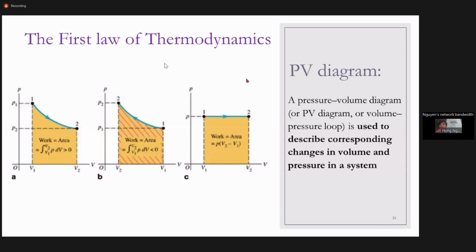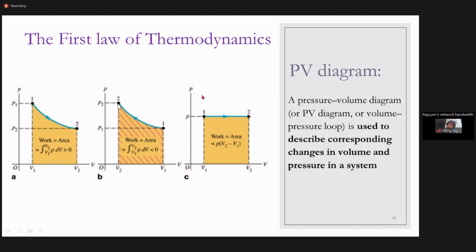For example, you have the state 1 here, and it will have a pressure P1, a volume V1. If you have a dot number 2 here, it will have a pressure P2 and a volume V2.